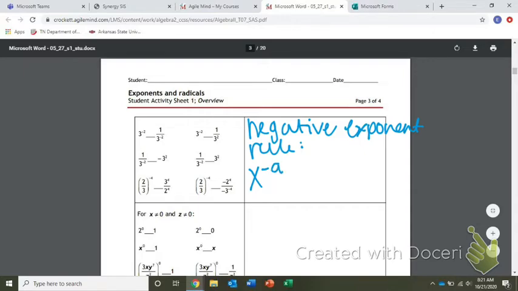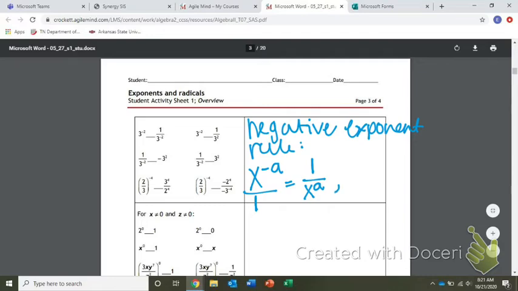Okay, well, we don't really want negative exponents because we don't really like negatives. So, we simply say 1 over x with the positive exponent, okay? So if I were to make this original a fraction, it would look like this. So all I'm doing is I'm flipping it and making that exponent positive.